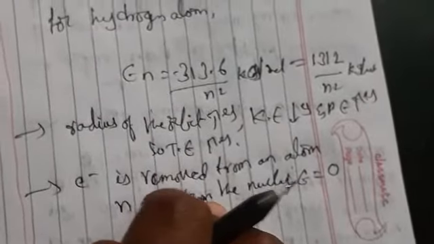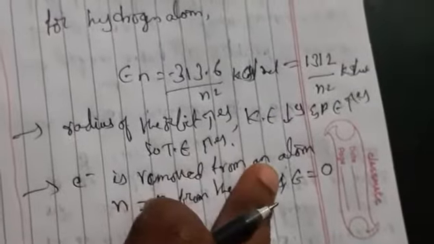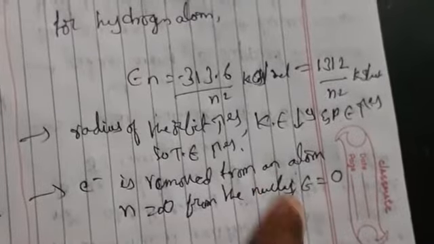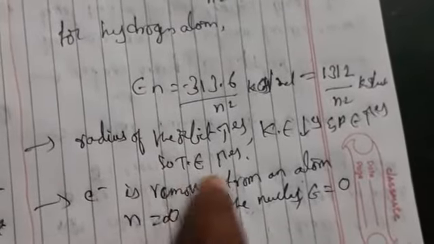So when an electron jumps from the infinite orbit to a given orbit, the energy decreases from 0 to a negative value.